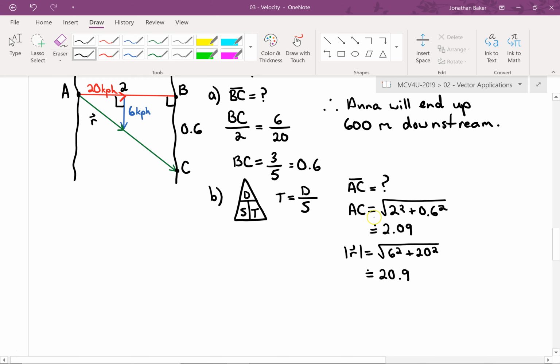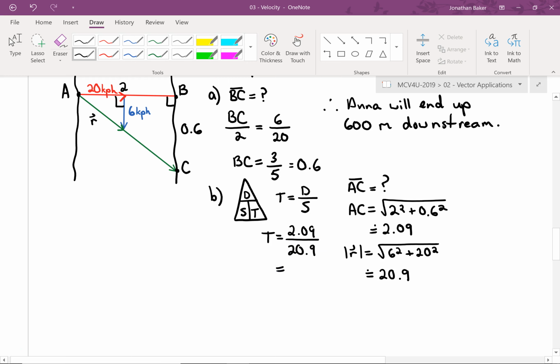We know this is in kilometers and this is in kilometers per hour. Because these are both in the same unit of kilometers, we can plug these into our distance, speed, time formula. So the time is equal to the distance, 2.09, over the speed, 20.9.